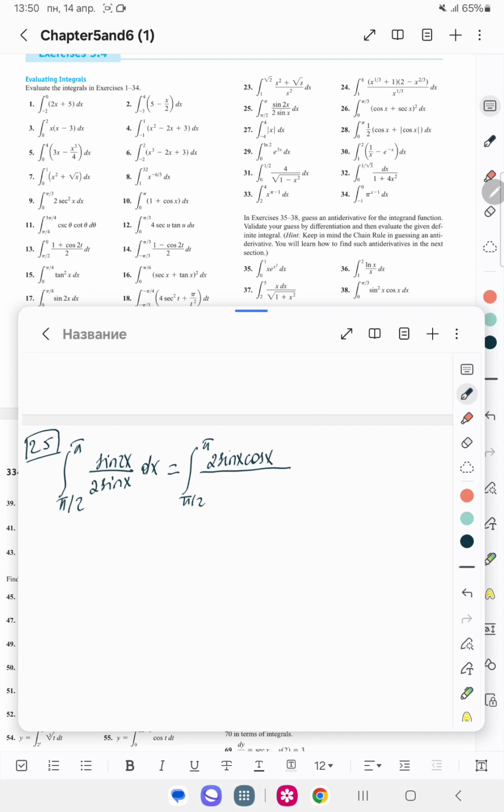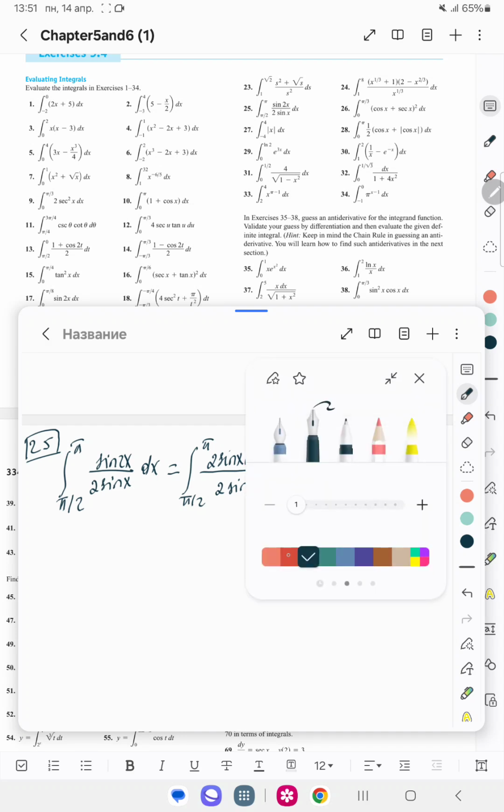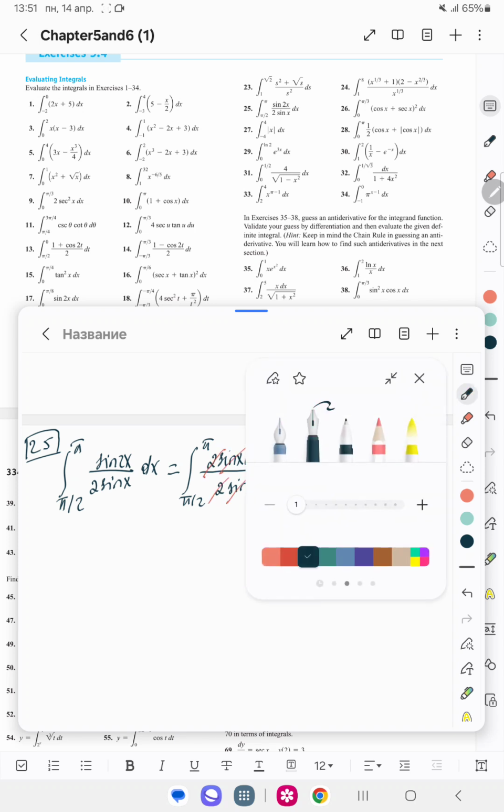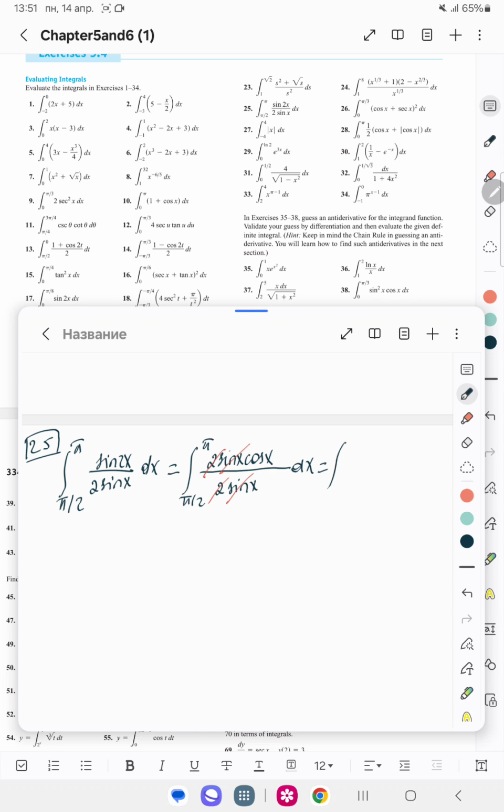This is a formula from trigonometry. Yes, so this is the most difficult part, and that's it. Not difficult at all.